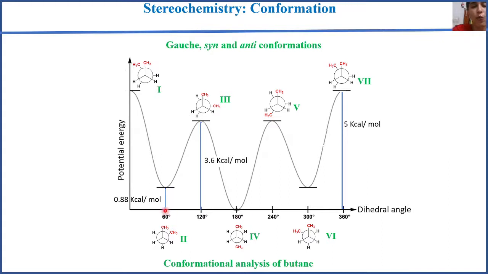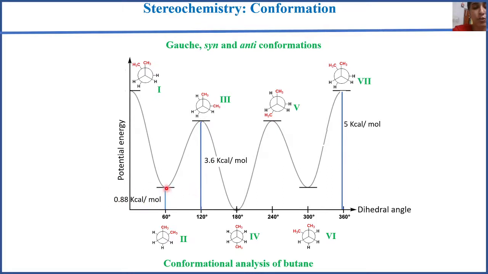Now, what is the energy difference between these two staggered conformers, that is, between the gauche and anti conformer? The difference of energy is 0.88 kilocalories per mole.